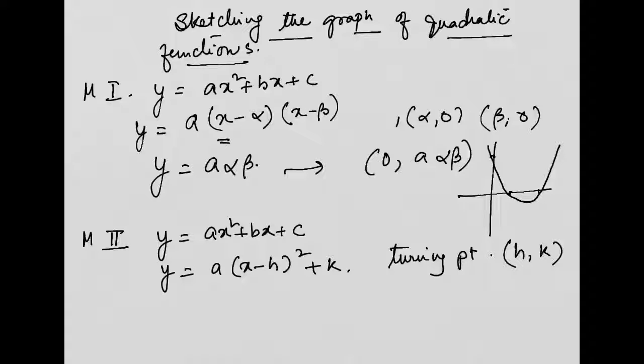Again finding the y intercept where x is 0, using these 2 points I can plot a parabola. You can also find the axis of symmetry, so that you can make it equidistant when you are doing a freehand sketch of quadratic functions.